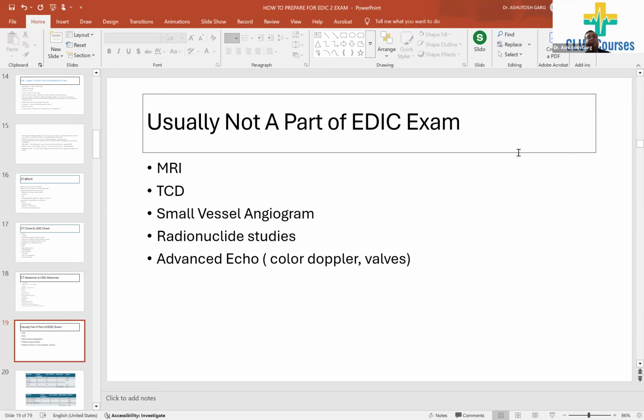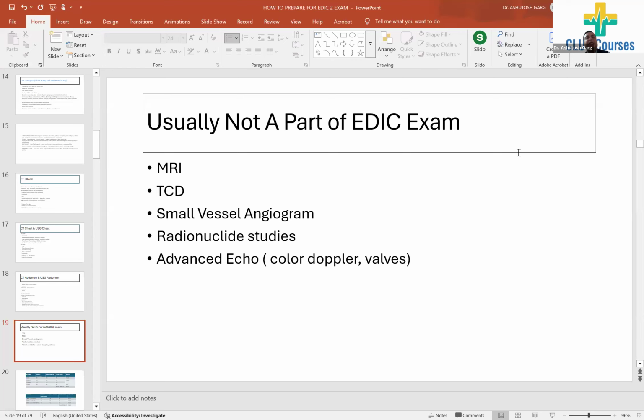If they ask these things, then definitely there will be some hints or some requirement in the question. Suppose they have given a brain death patient, then they will give you an empty sella sign or some small vessel angiogram finding. Those things you will find out in the exam.